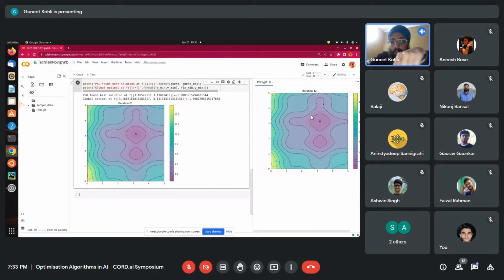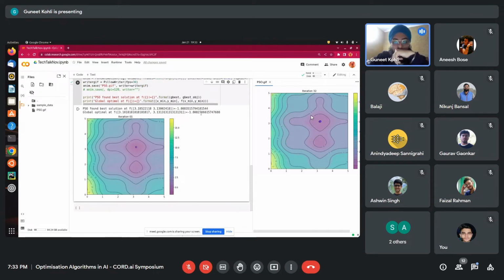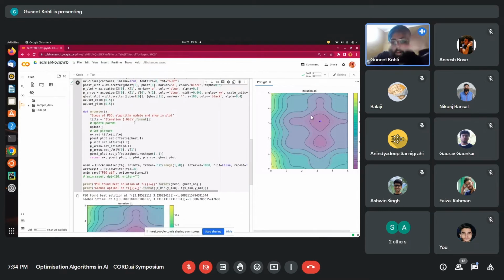They start from the search space and reach the global optimum, or rather nearby it, because the algorithm gave a result of minus 1.808, but the true result would have been minus 1.80827, and it reached about 0.80835. As I said, it will not always give you the global optimum, but somewhere near it. This is how the whole setup works in real life.